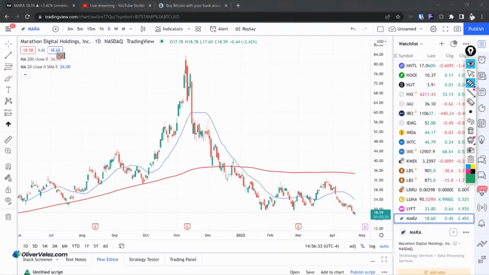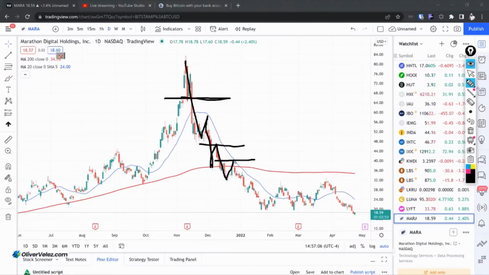Now, if you look at the move all the way down, check this out. Watch this. You've got this move from here. So we drop and then we go here. We don't violate the halfway mark there. We drop here. Let me show you this. So we drop from here to there. Now, what's the halfway mark? About right there. We bounce up to the halfway mark and drop. Now, let's take the halfway mark here.